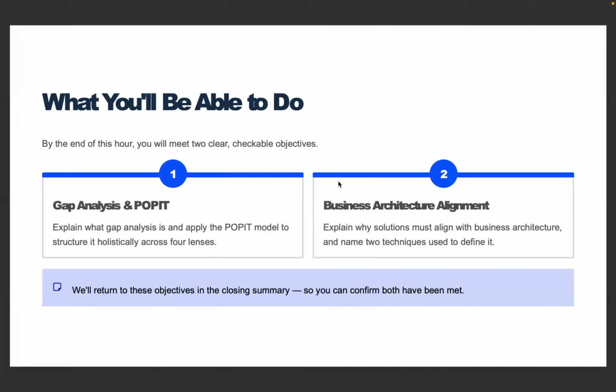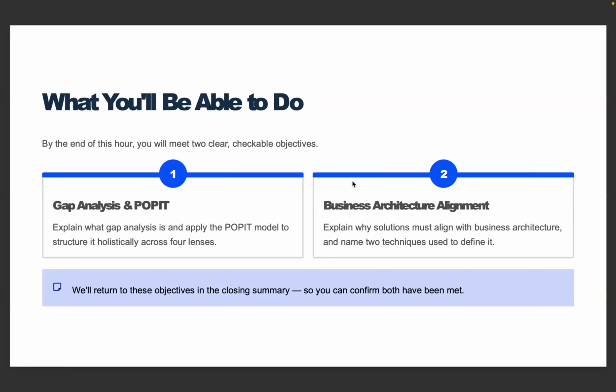First, you should understand what gap analysis is and how we can use the POPIT model to look at a problem from different angles. So during the course of this session, I would explain the POPIT model. Secondly, we should understand why solutions need to align with business architecture.